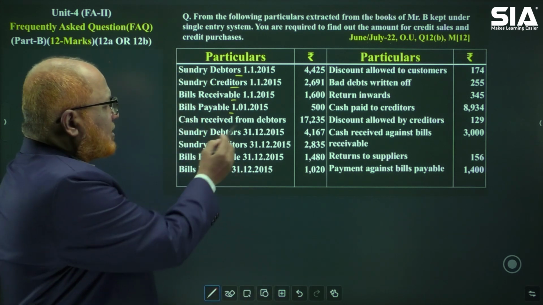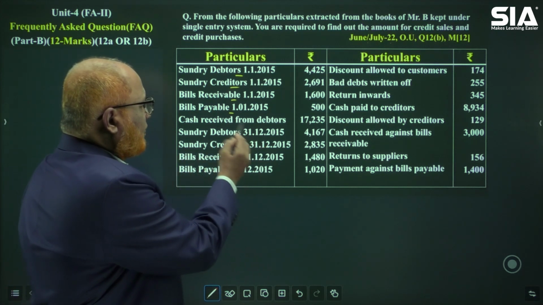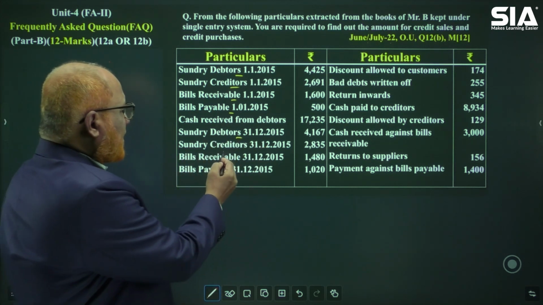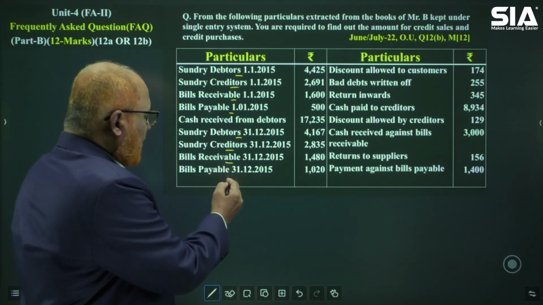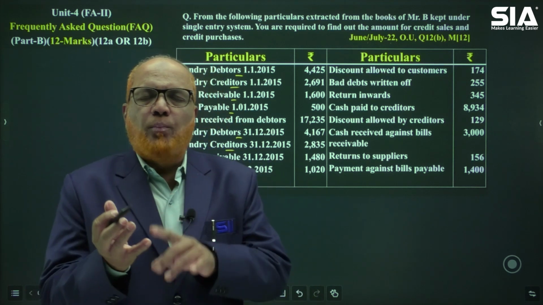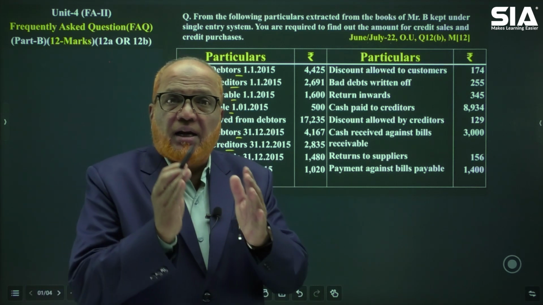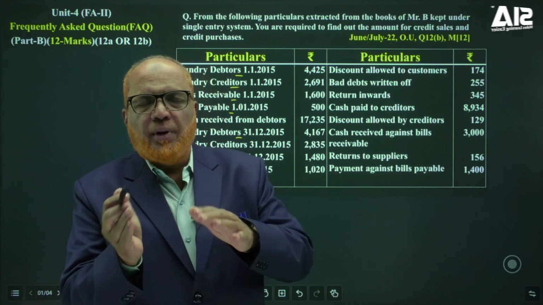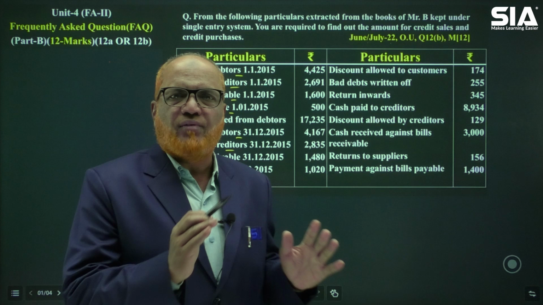Next one, cash received from debtors, sundry debtors at 31st December 2015 and sundry creditors at 31st December 2015. Similarly, bills receivable and bills payable at 31st December. So what are given? First of all, opening and closing balances of sundry debtors, opening and closing balance of sundry creditors, then opening and closing balance of bills receivable and bills payable. That is the information given.